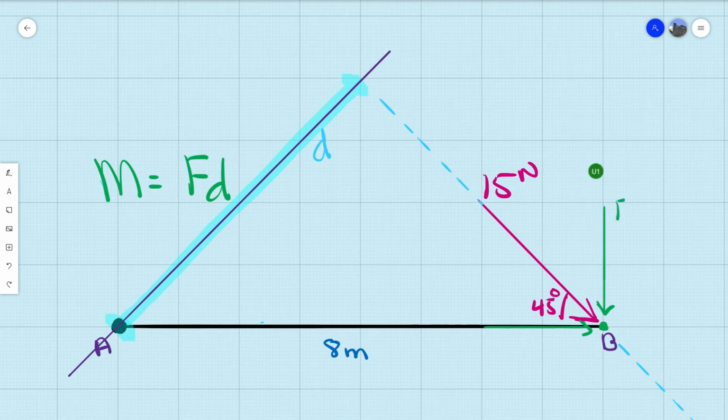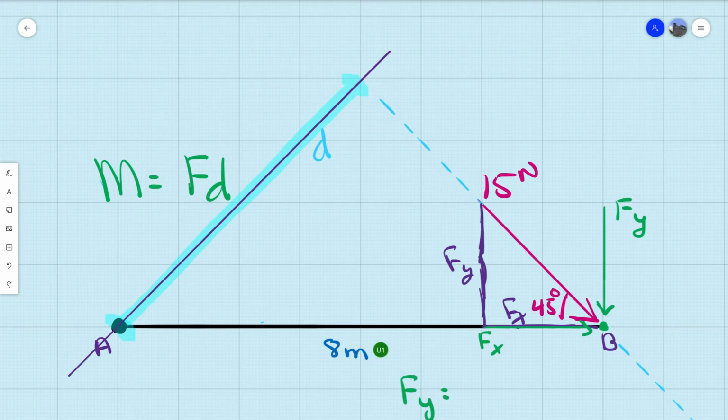So this I'm going to call Fy, and this I'm going to call Fx. In 2D, this is pretty easy to calculate because it's just simple trig. Our two components are based off of the xy coordinate plane, which means they meet and make a right triangle. So we can turn this 15 Newton force into a right triangle, where this leg is Fy and this leg is Fx. And then we just do trig to calculate those values.